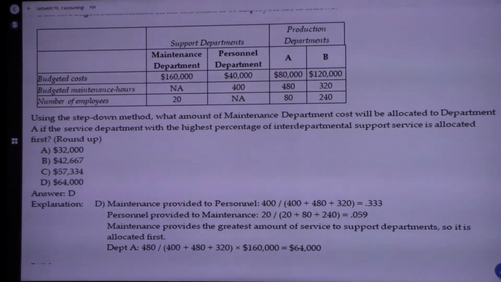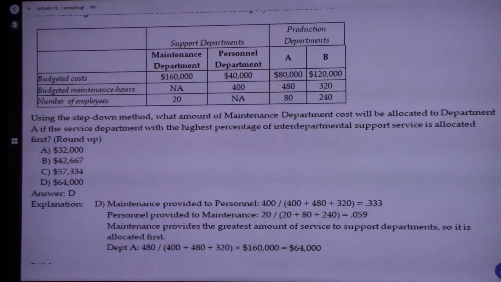I will do the same step for the personnel department. When I talk about the personnel department, I will allocate the amount given from the personnel department to the maintenance department. The allocation base from the personnel department to the maintenance department will be the number of employees.